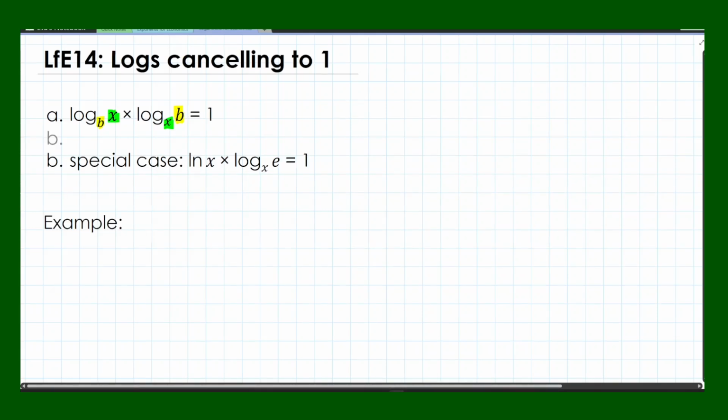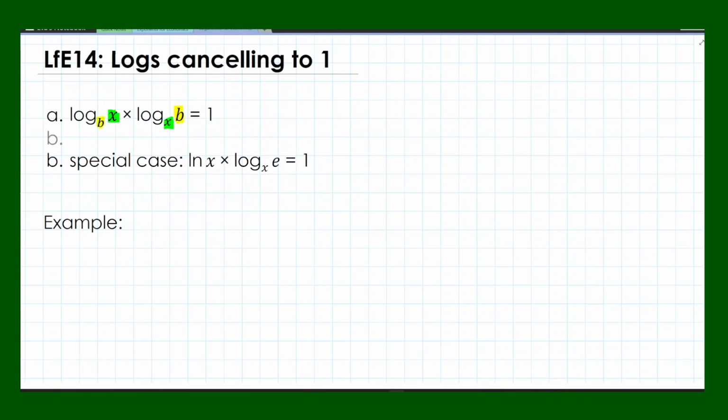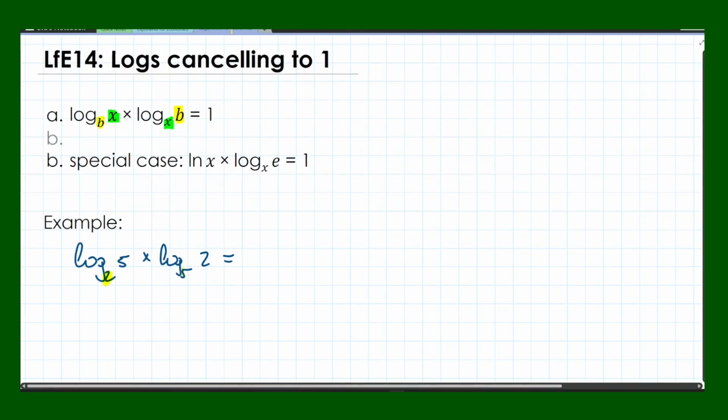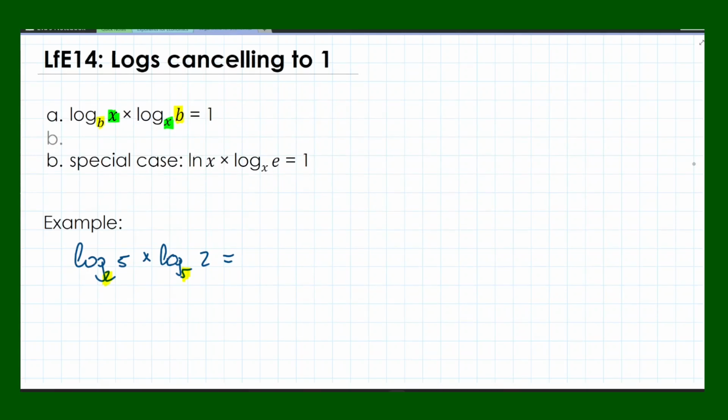Next, let us look at some examples and see how this rule works with specific log bases and arguments. So for example, if I have got log base 2 of 5 and I multiply this by log base 5 of 2, what am I going to end up with? Well, first of all, I've noticed that I've got two different bases in the two logs. So I should make both logs the same base.